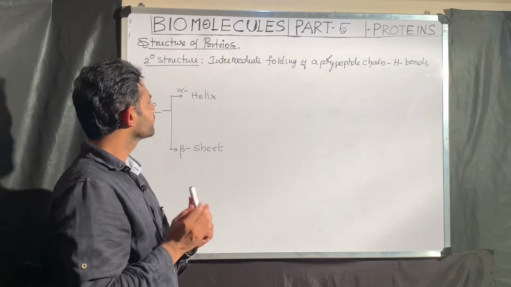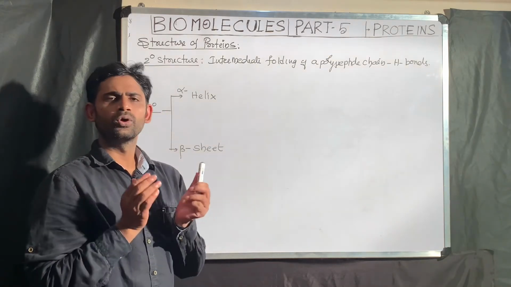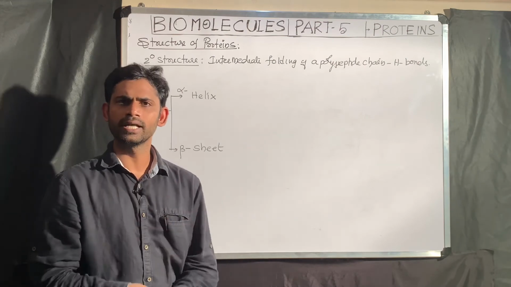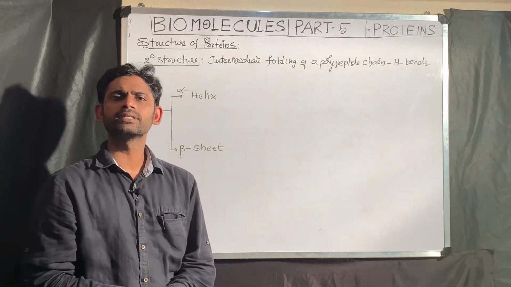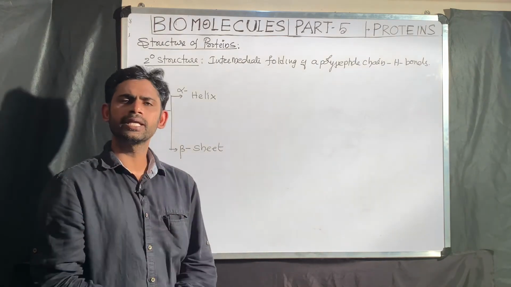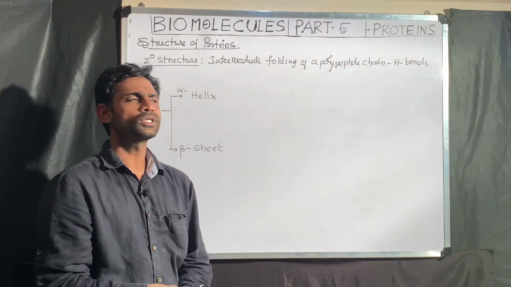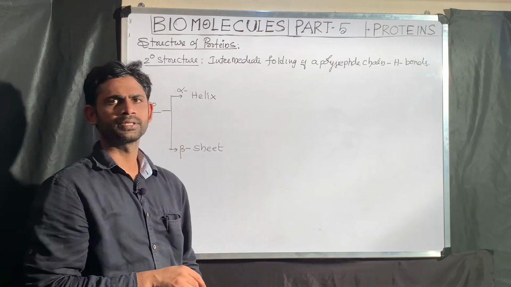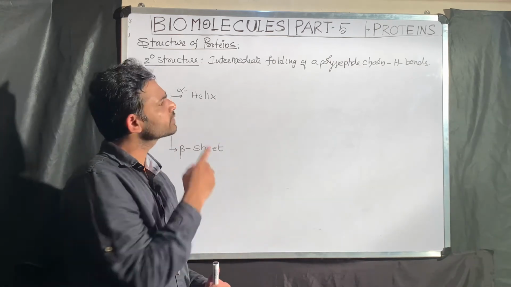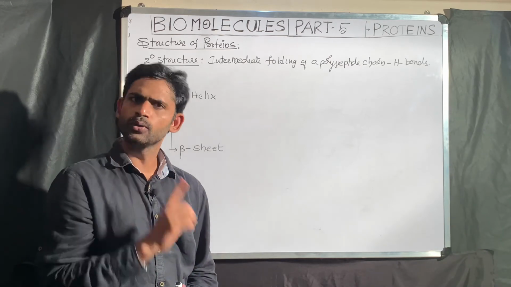For example, if you take 100 protein molecules in a cell, out of 100, 20% of the molecules show the beta sheet. The remaining 80% of the protein molecules exhibit the alpha helix. Why? These alpha helix and beta sheet are both stabilized by hydrogen bonds only.